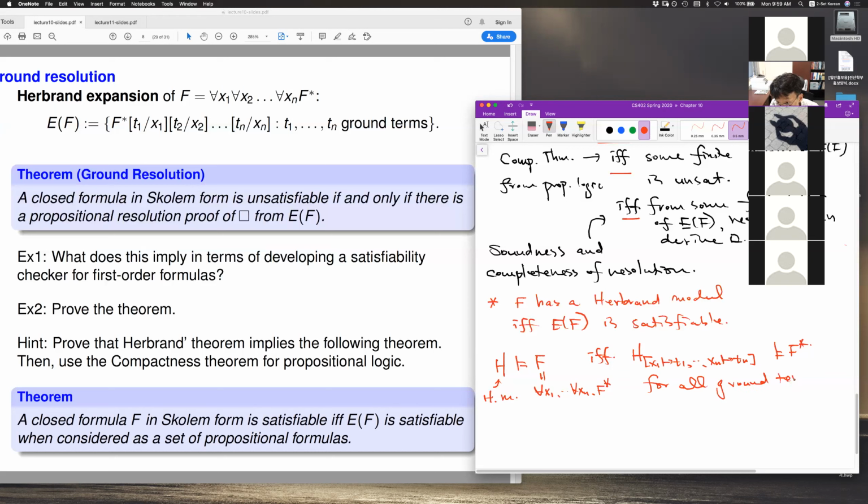This really comes from the semantics. In the Herbrand structure, the underlying universe is the set of ground terms, so we are just binding all the values in the underlying universe to the quantified variables X1 up to Xn, then checking whether F star is true.